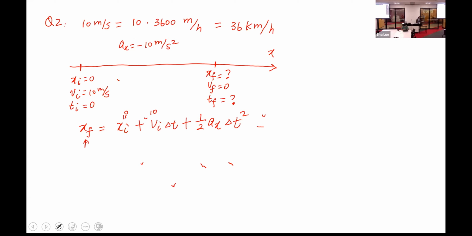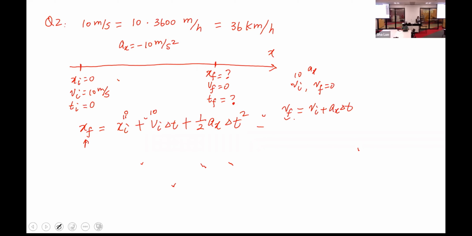Okay, delta t, how can we get the delta t here? Yes, because we know our vi and the vf. We know ax. We have vf equals vi plus ax delta t.